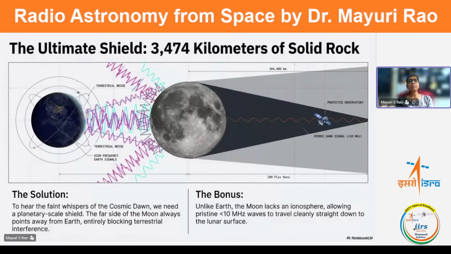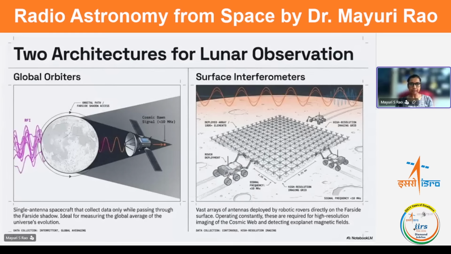So if I put a telescope behind the moon and try to operate the telescope, I'll be able to get good quality data at radio frequencies because the radio waves from Earth are being blocked. Okay, and this is a very nice location to put a radio telescope. So people can do different kinds of things.